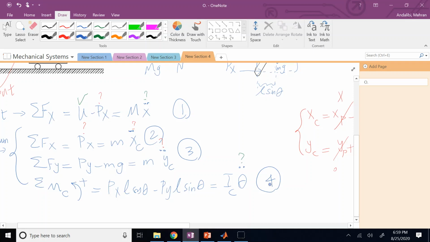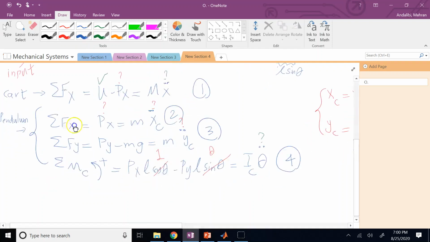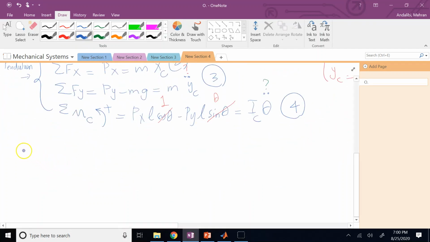First, I plug in 5 into 2 and 6 into 3 to get rid of x double dot and y double dot of C. Also in equation 4, cosine theta I replace by 1, and sine theta I replace by theta.